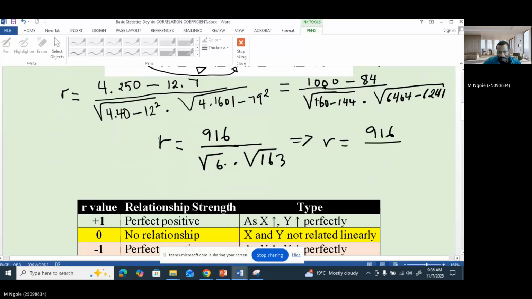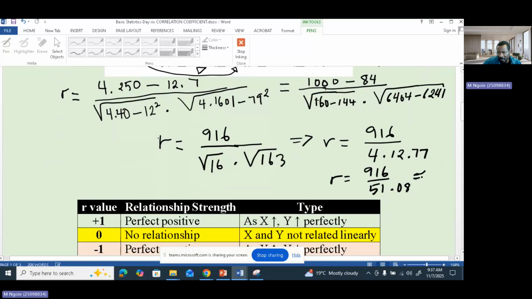The square root of 16 is 4, and the square root of 163 is about 12.77. So r is 916 divided by 4 times 12.77, that's going to be 51.08.